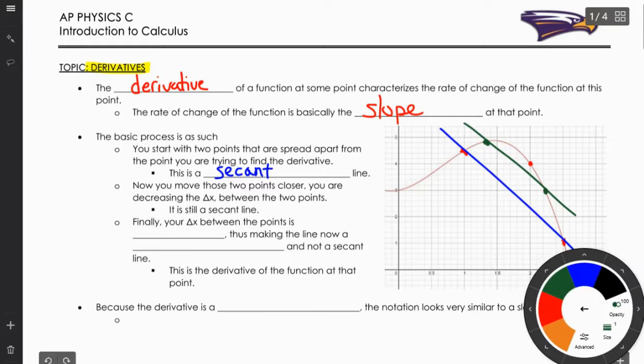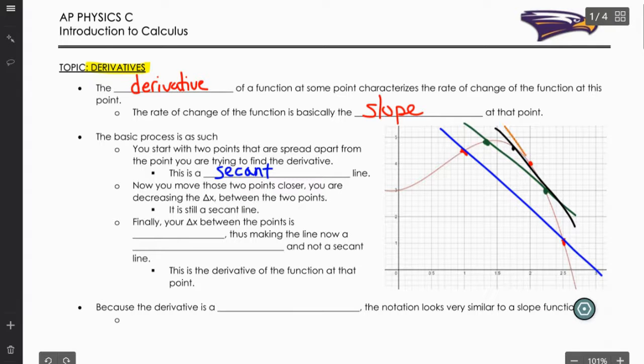And I keep doing that until, if I take these 2 points, notice I'm almost right on top of where I'm trying to find it now. Now once the difference between them becomes 0, now I have my tangent line. Now I can find the slope of this orange line that I just drew in there. That now becomes a derivative at that point.